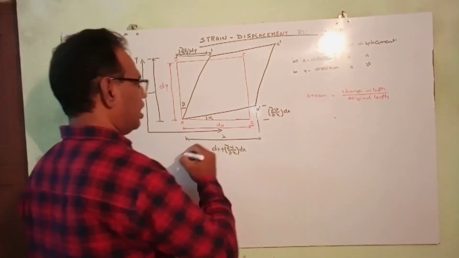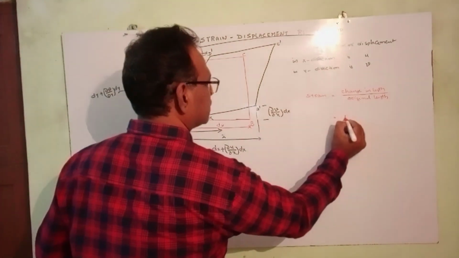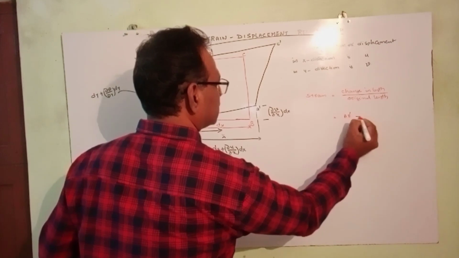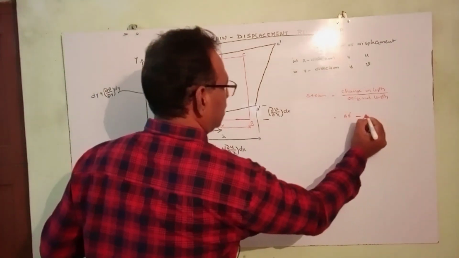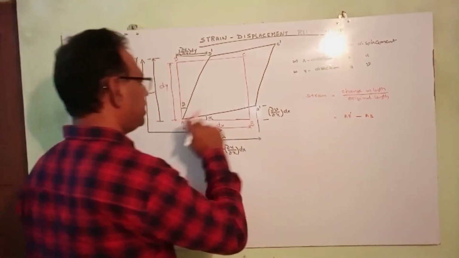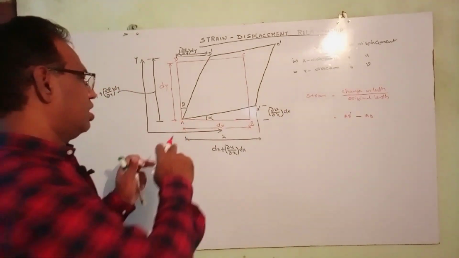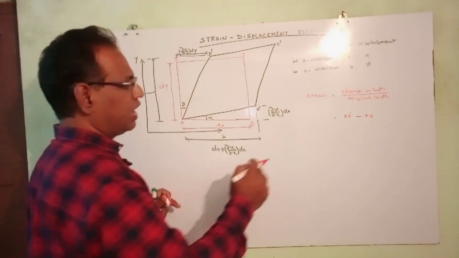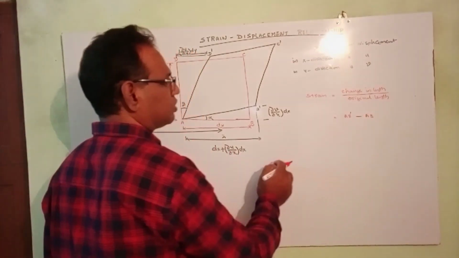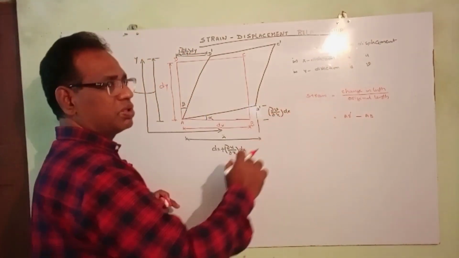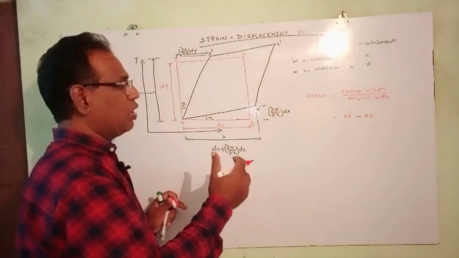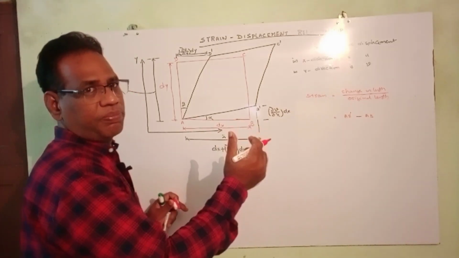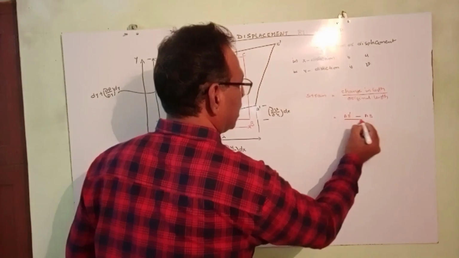From the diagram, it is AB dash minus AB. AB is elongated to AB dash, and the original length is AB. So the deformed length minus the original length gives the change in length, divided by the original length AB.